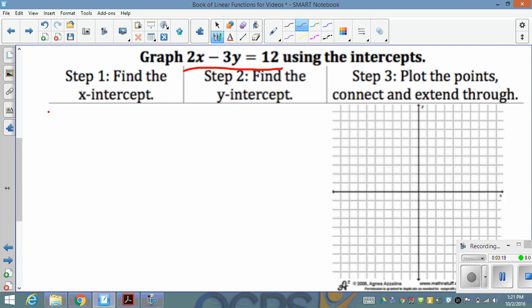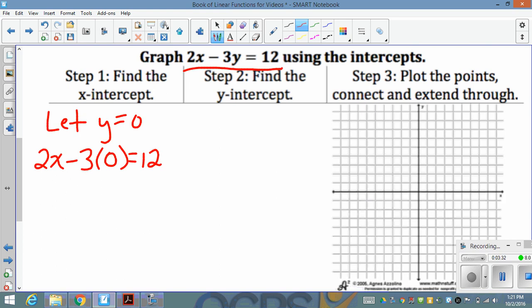Remember, to find the x-intercept, I'm going to let y equal 0. Here's what I mean by that. I'm going to take my 2x minus 3y equals 12. I'm going to take out the y and I'm going to plug in 0. So that's going to be 2x minus 0 equals 12, which is just 2x equals 12.